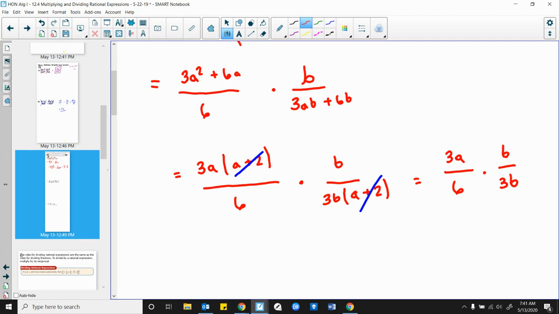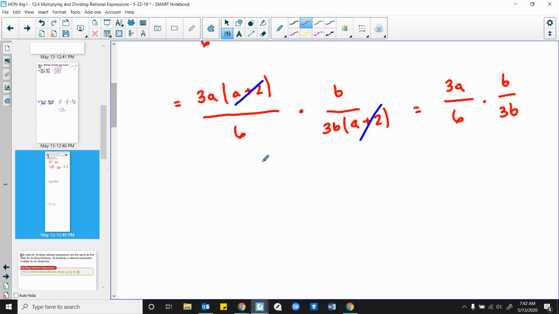Now, I can really start to simplify. This is a lot easier to work with, okay? I can multiply across. 3a times b is 3ab. 6 times 3b is 18b.